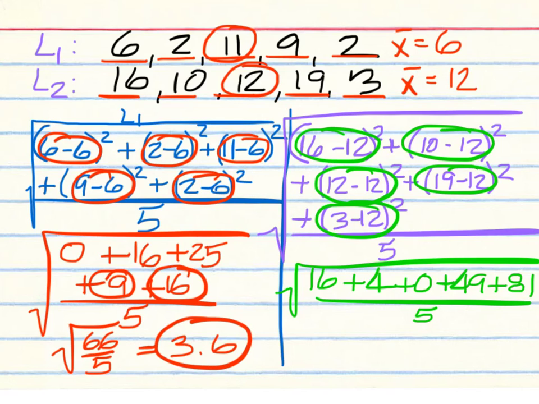Add them up to get 16, 20, 69, and 69 and 81 should be 150. So we need the square root of 150 over 5, which is 5.5.